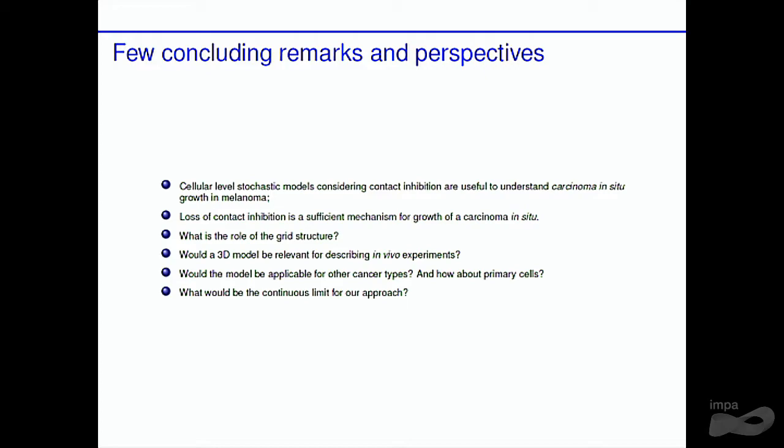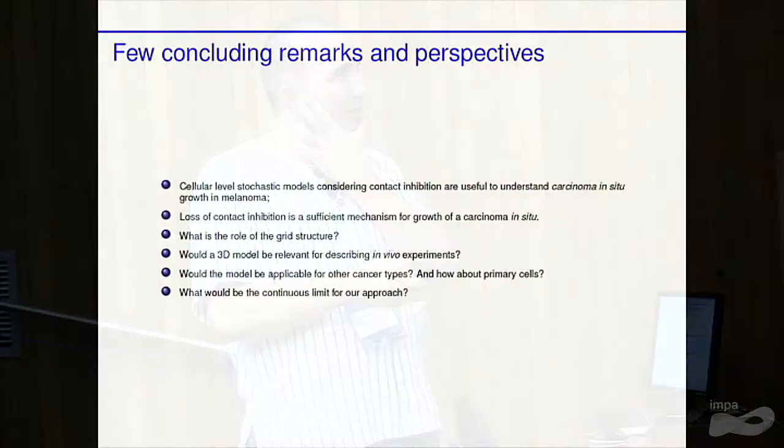We also would like to know if this approach can be useful for other cancer types or primary cells. We also wonder if a 3D model would be relevant for in vivo experiments. We also wonder if changing the network topology of our grid would cause any change in our simulation results. And of course, this is it.